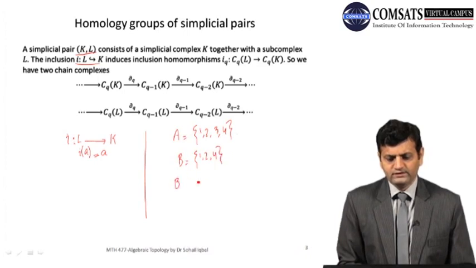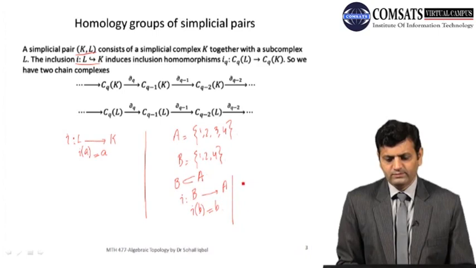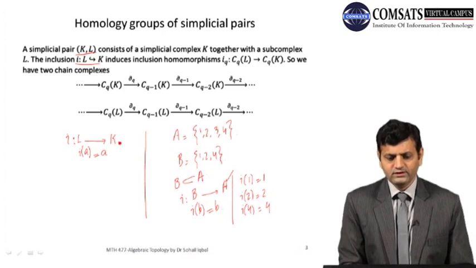Now we can easily see that B is contained in A. So I can define an inclusion map from B to A such that I of B is equal to B. Okay, so this map takes an element of B and gives the same element, and it will be an element of A because B is contained in A. So for example, I of 1 is 1, I of 2 is 2, I of 4, because that's the third element of B, I of 4 is 4. So 1, 2, 4 are elements of A. And similarly we can define inclusion map for these.